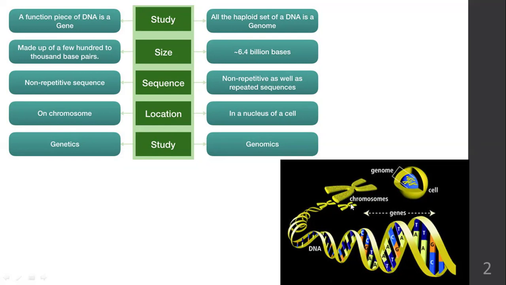We have 23 pairs of chromosomes. You take one chromosome, strip it down, and you get the entire DNA structure. Two ribbons. If you talk about only one ribbon, that is your RNA. These blue and orange markers that you see are sugar and protein molecules, different types of sugar and protein molecules. These also have a specific sequence and they form a gene.